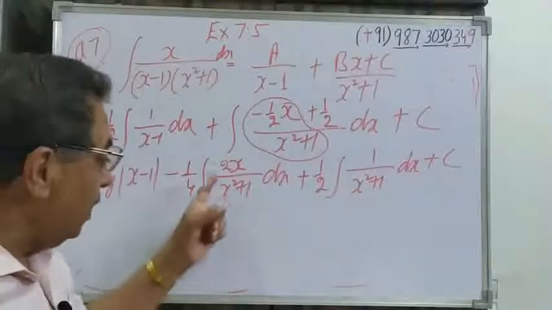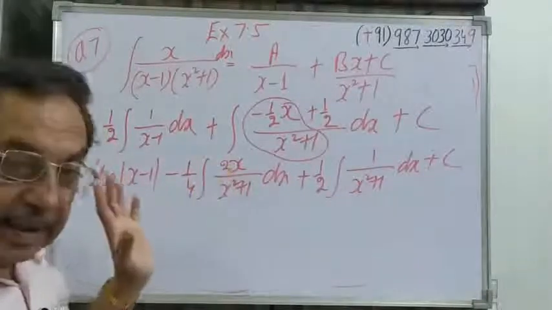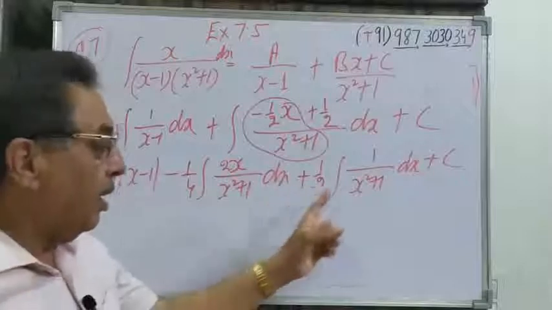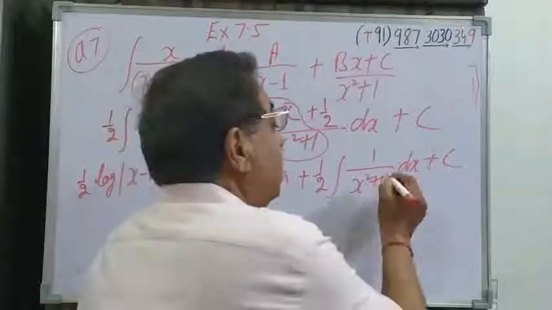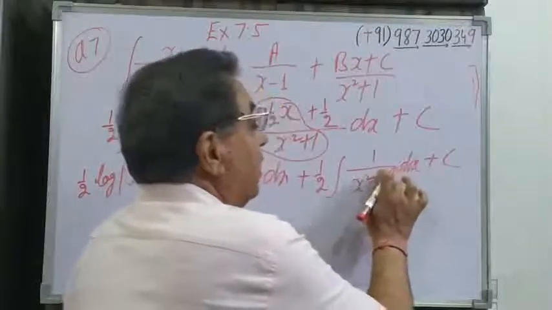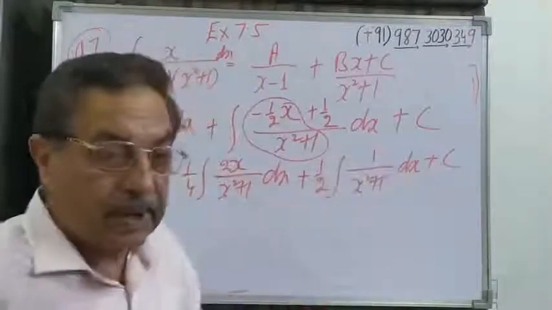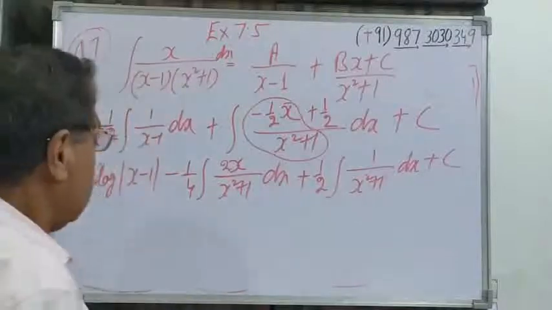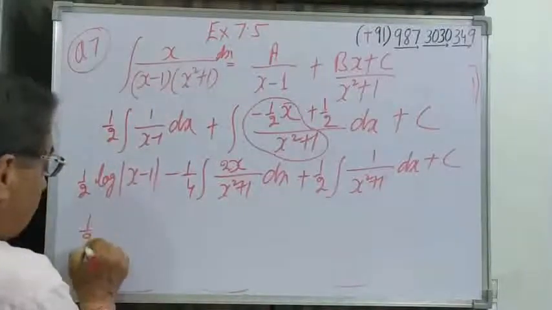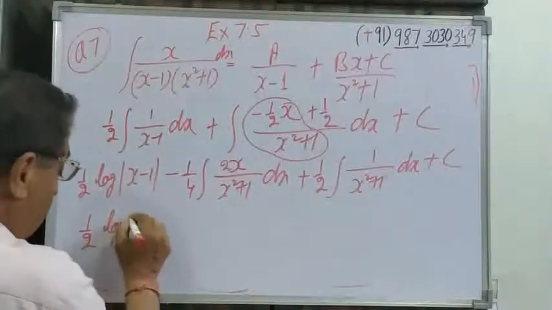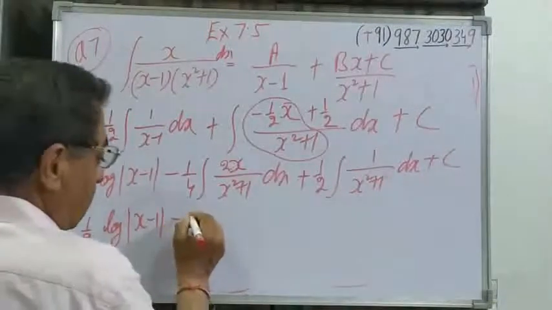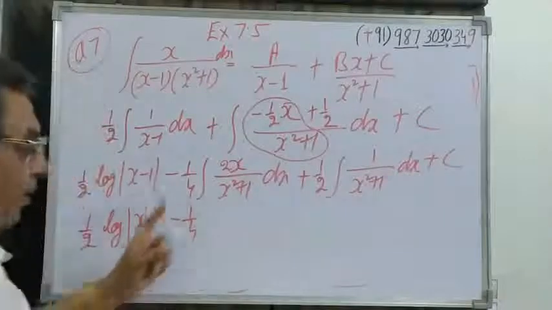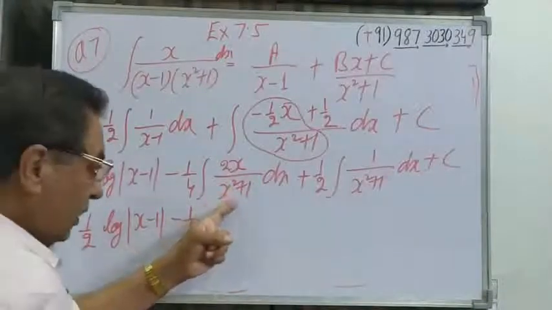Now this is a function and its derivative, so we can get the answer straight away. For 1 upon x square plus 1, the integration of 1 upon 1 plus x square is tan inverse x. So the final answer I am getting is log of x minus 1 minus 1 by 4 times function upon derivative.